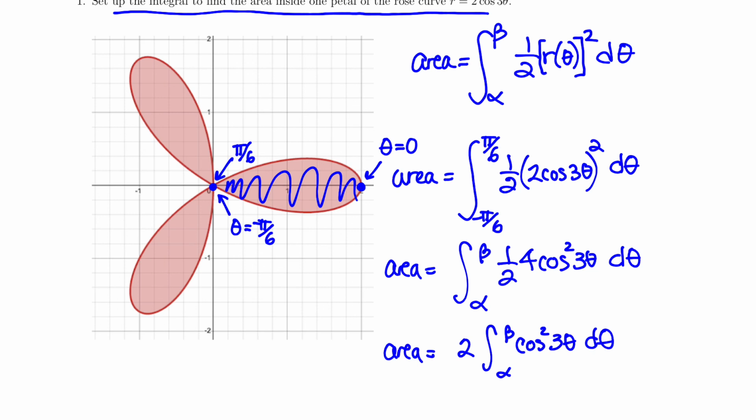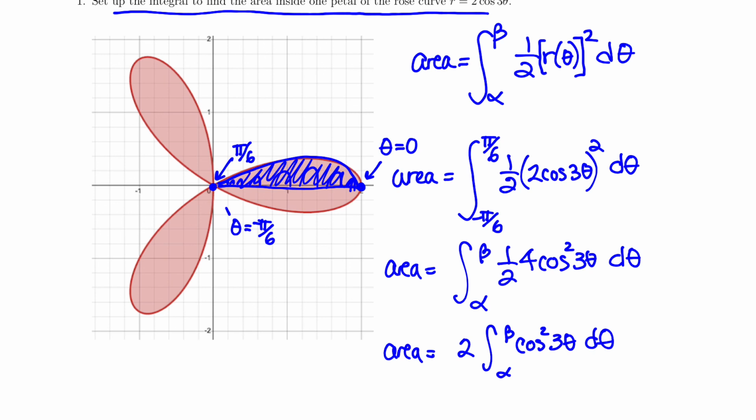So another thing you might want to do, instead of going from minus pi over 6 to plus pi over 6, which definitely gives me a whole curve, is you could go from 0 to pi over 6, which gives me half the curve, and double it. So that would be equivalent, and let me just erase this whole thing and show you that would be equivalent to just going from 0 to pi over 6 and doubling it, right?